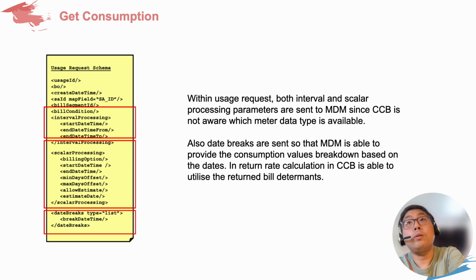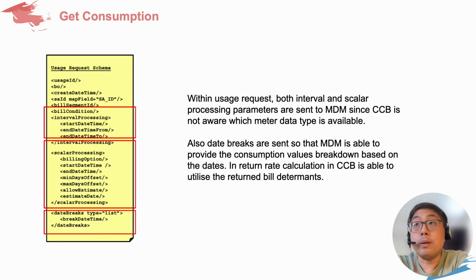If you want to add special requests, there are certain scenarios where, if you want to change the structure of the usage request, then you need to customize this particular algorithm.